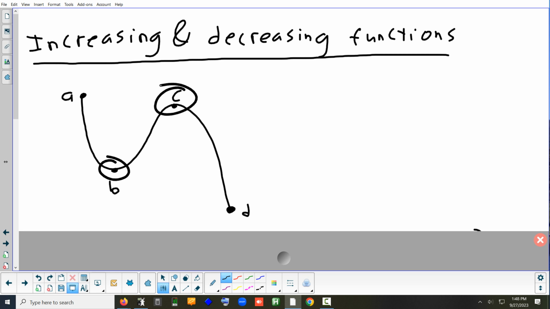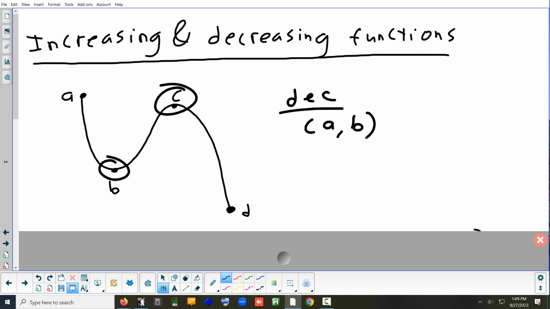What's my graph doing between point A and B? Yeah, it's decreasing. Let me write that down. So it's decreasing between A and B.